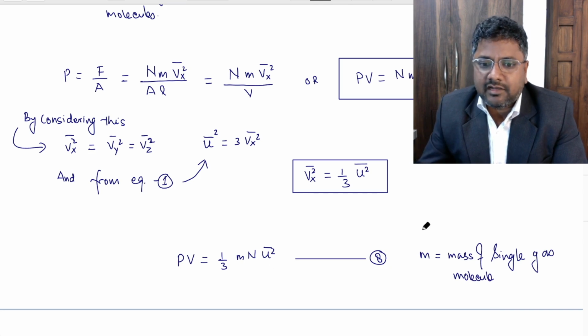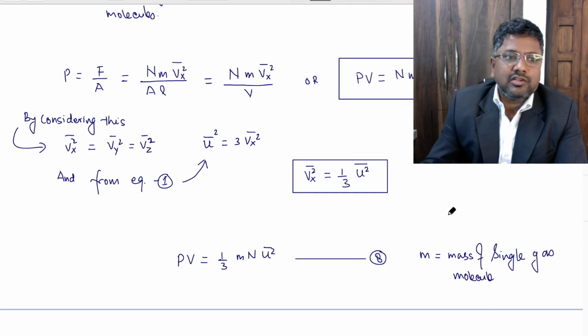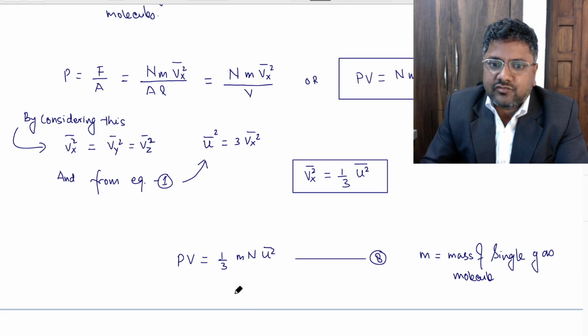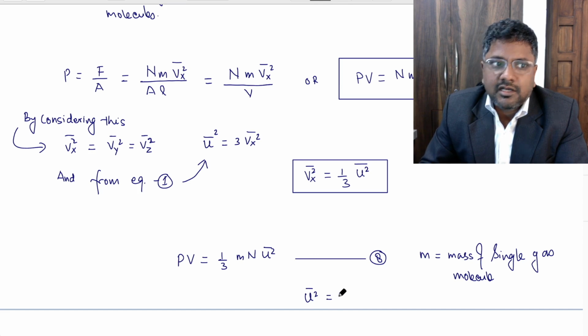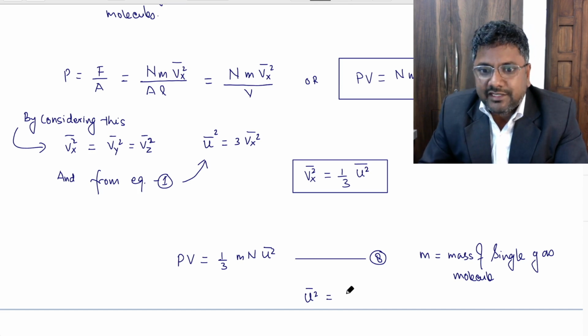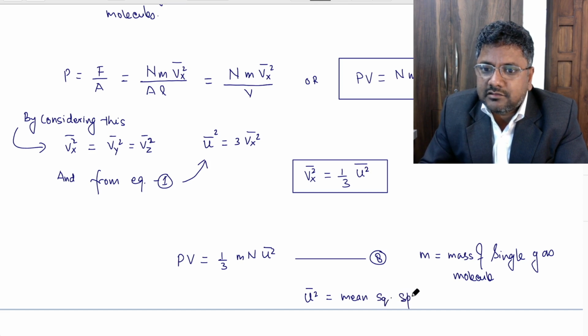Capital N, I have already defined, is the total number of gas molecules. And what is this u bar square? U bar square is the mean square speed. Don't write velocity. Mean square speed.